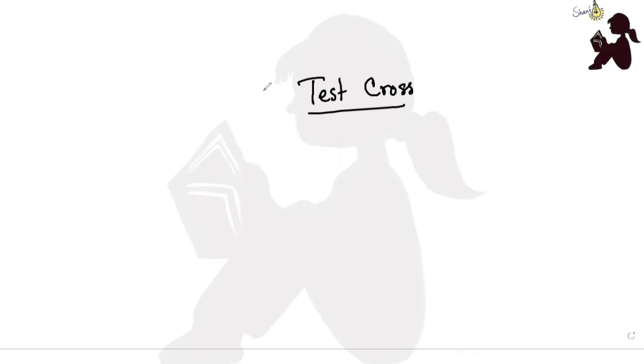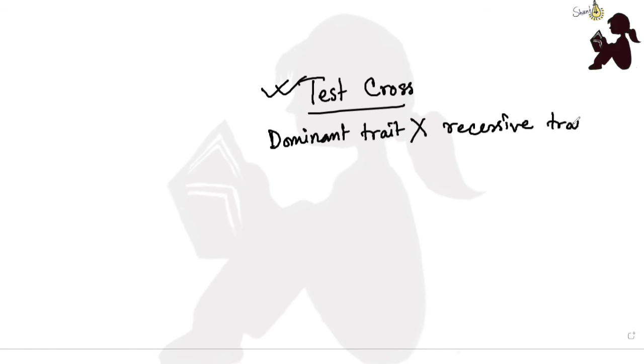Next, the test cross, where the test cross means the cross between one dominant trait and another recessive trait. Okay, mostly one from the parent generation and the other one from the F1 generation.